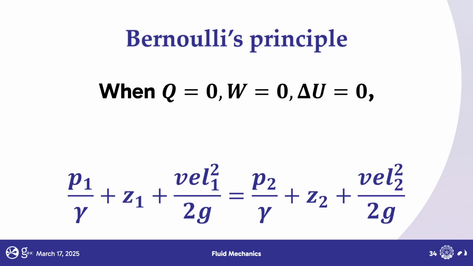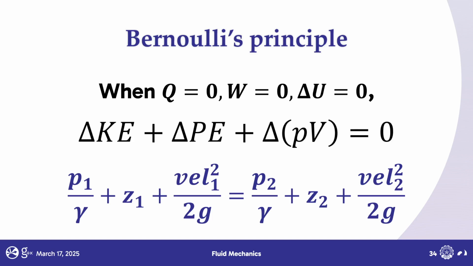Therefore, your internal energy change is zero. What happens is that only the kinetic energy, the potential energy, and if you guys remember, the flow energy change. The sum of their changes will not change. It's constant. So the sum of the changes of kinetic energy, potential energy, and flow energy are going to be zero.